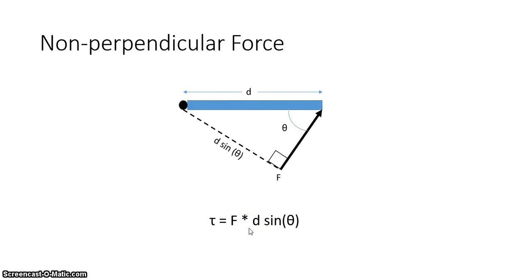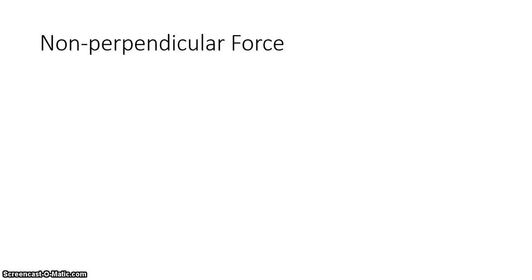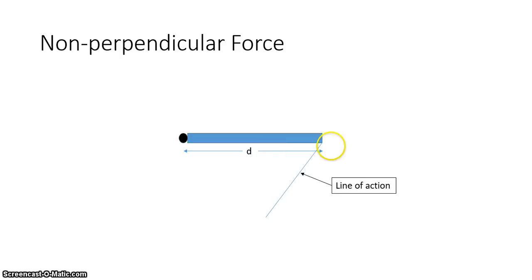Now, sometimes this is a little bit confusing to look at. I actually prefer to find the torque using a different method, and that is to start off again with the body that we're looking at, affixed at this point, the moment arm being this distance. And remember, we said that the force is actually being applied in this area here.